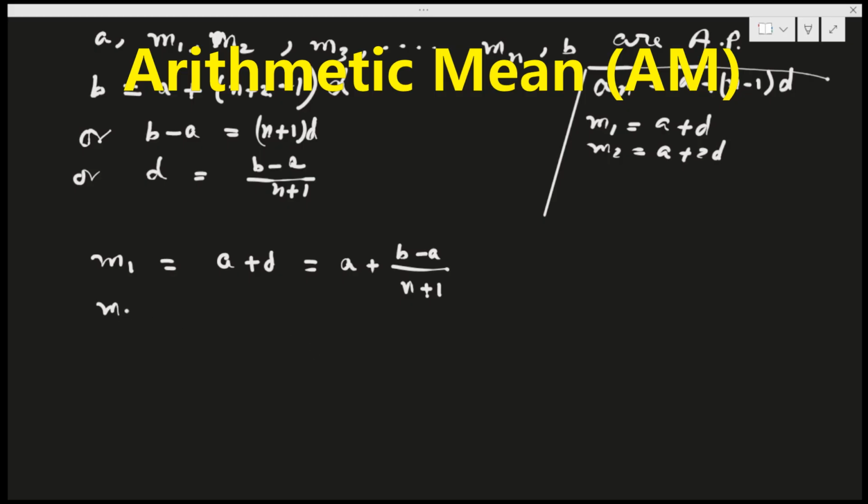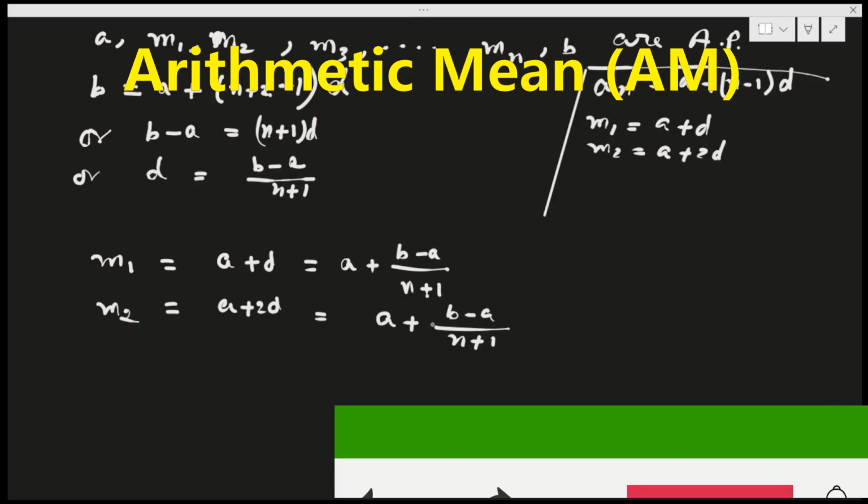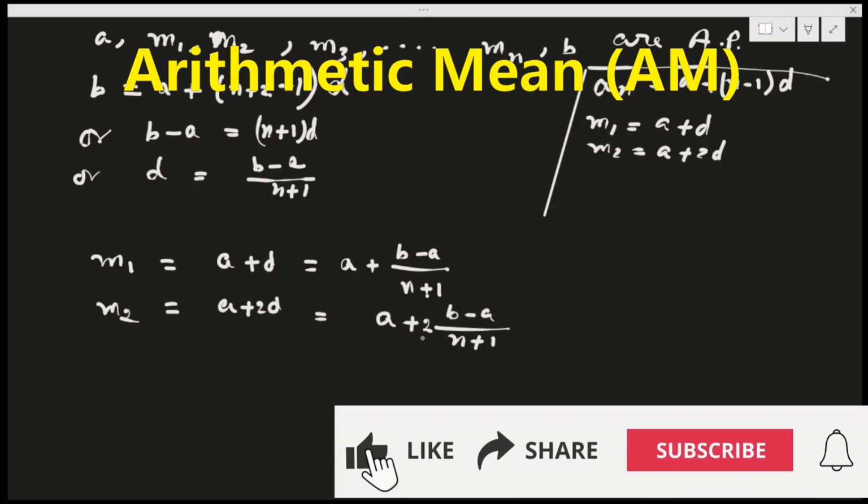Similarly, M2 is equal to A plus 2D, that is equal to A plus 2(B minus A) by (n plus 1), and so on.